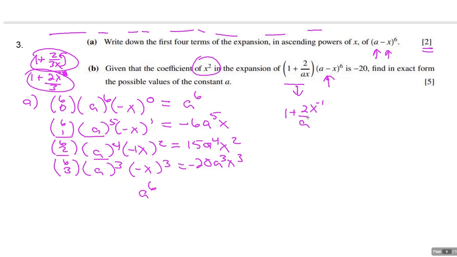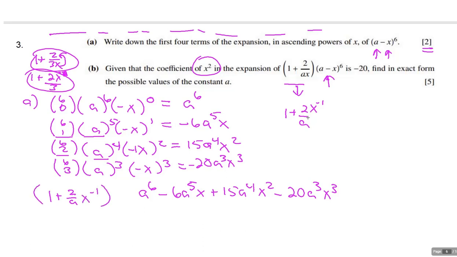A to the 6th minus 6a to the 5th x plus 15a to the 4th x squared minus 20a to the 3rd x to the 3rd. And I'm going to multiply that times 1 plus 2 over a x to the negative 1.